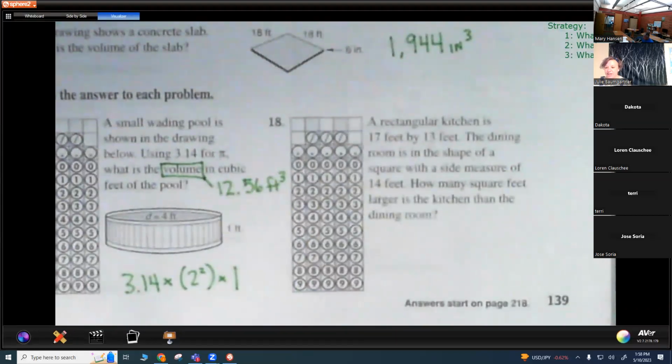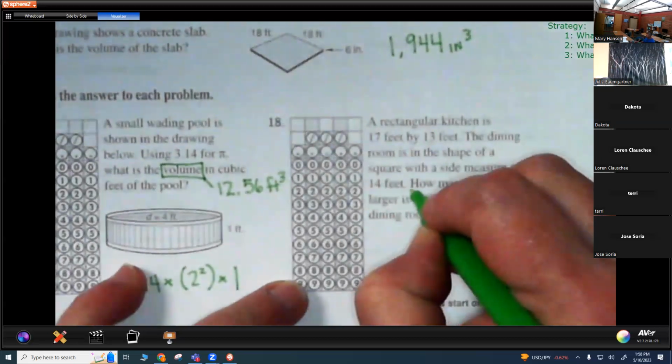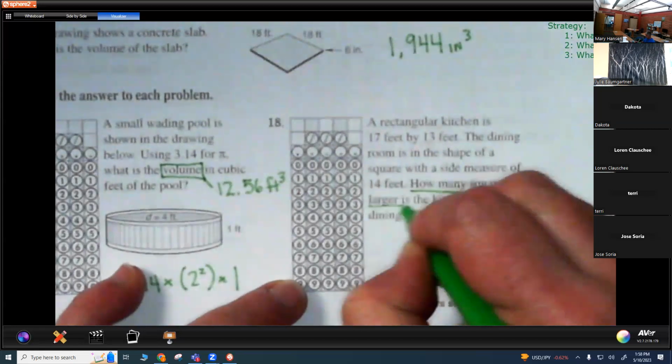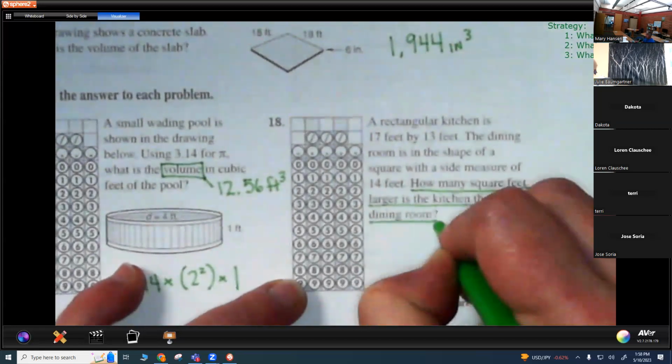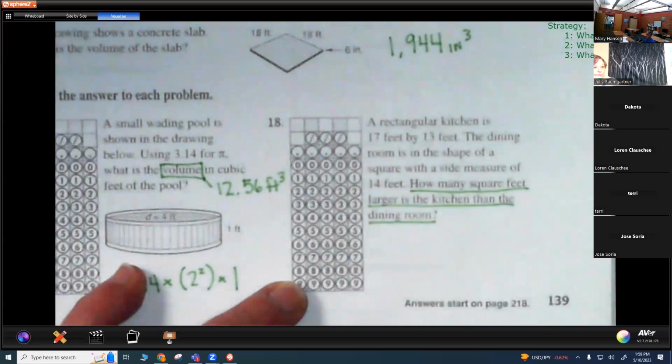All right, a rectangular kitchen is 17 by 13 feet. The dining room is in the shape of a square with a side measure of 14 feet. How many square feet larger is the kitchen than the dining room? Did anyone get this one? What would we need to do to answer our question here?